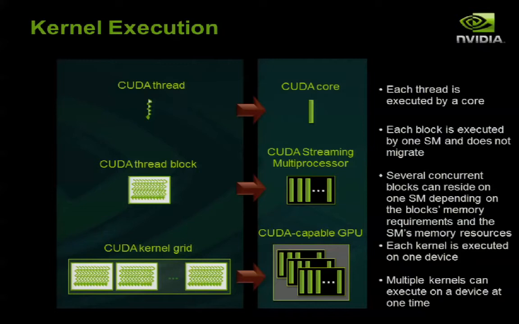And a CUDA thread block is mapped onto one of these streaming multiprocessors. Again, a thread block, once it's launched, will stay on that streaming multiprocessor. And then finally, you have the grid of all these thread blocks that is being mapped onto one device, but onto multiple streaming multiprocessors.